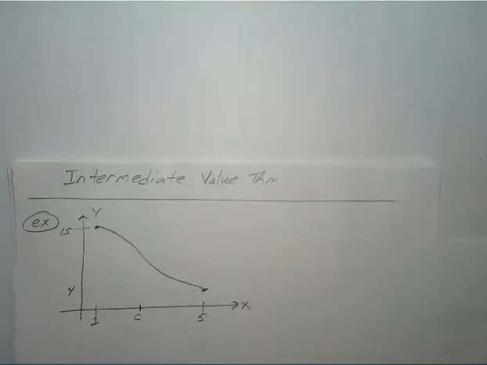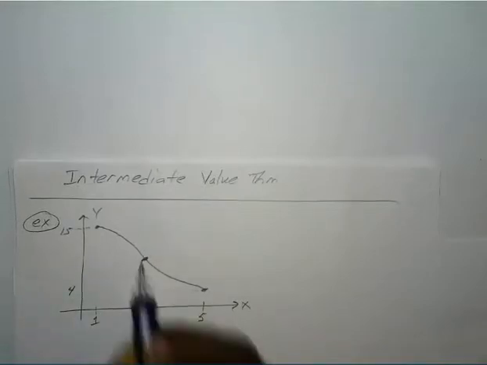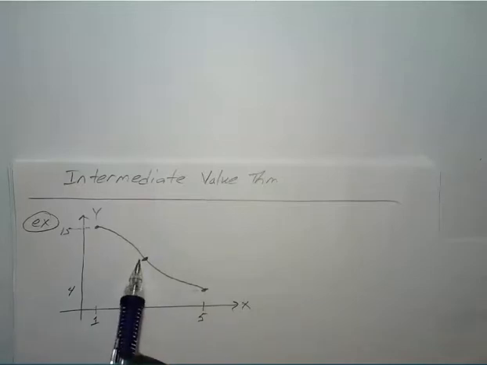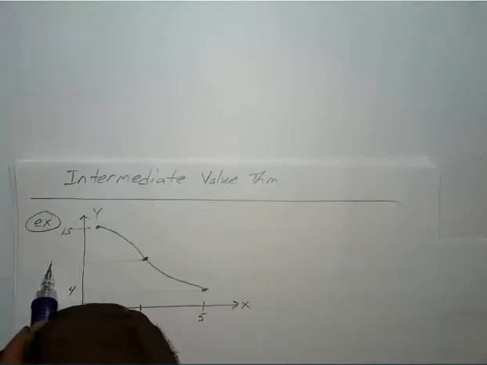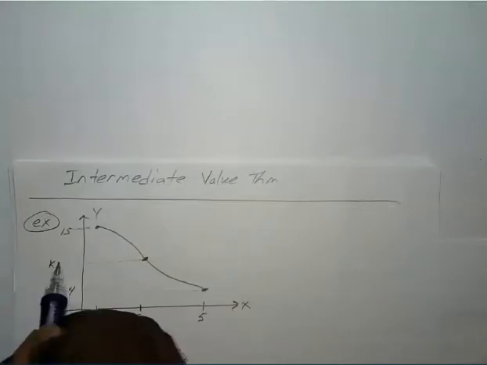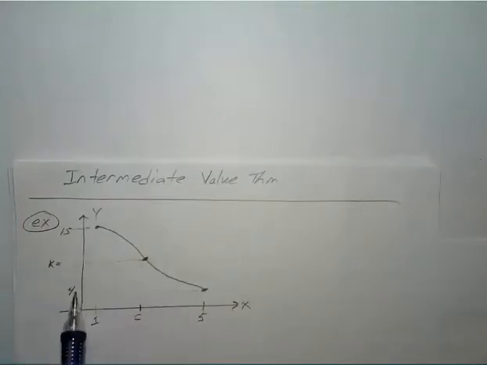What the intermediate value theorem says is that between these two values on our x-axis, between 1 and 5, there's some c. There exists at least one c where k is equal to any number between 4 and 15.